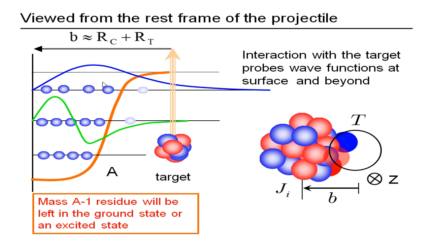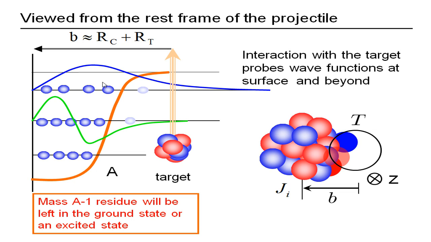Okay? But I hope it's clear, just looking at this cartoon, that sometimes the target will remove nucleons from the Fermi surface like this, in which case the object will be left in the ground state. Sometimes it'll remove one of these guys which is in a more strongly bound orbit, and then this will be left in an excited state. Okay?